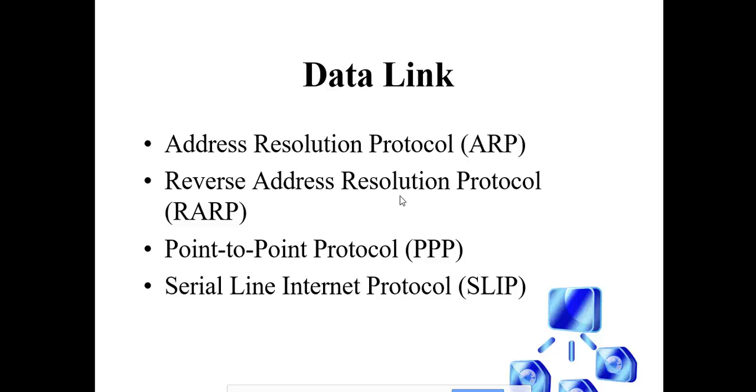If that's confusing, rewind it, listen to it again. So ARP resolves the IP address to a MAC address, and RARP takes the MAC address and resolves it to an IP address. That's the difference between the two, and you need to know that because you'll see it on the exam.